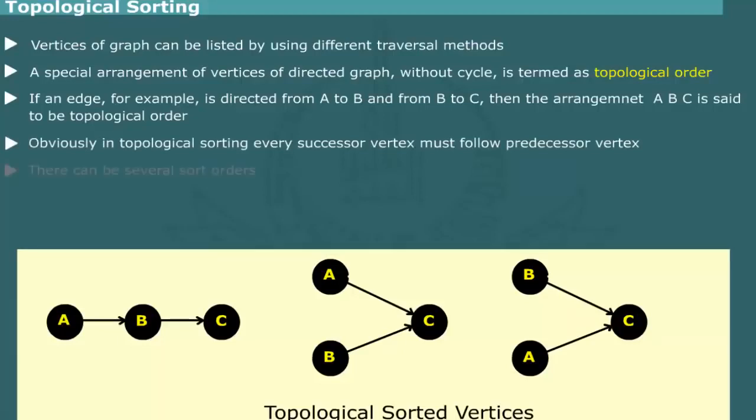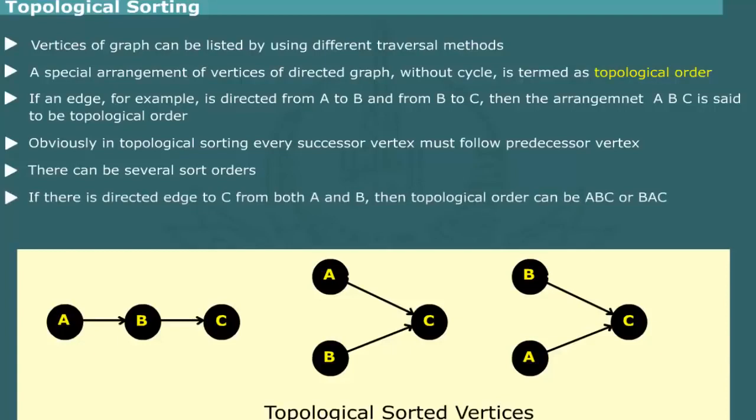In general, there can be several sort orders. For example, if there is a directed edge to C from both A and B, then the topological order can be ABC or BAC. Topological sorting has several applications.